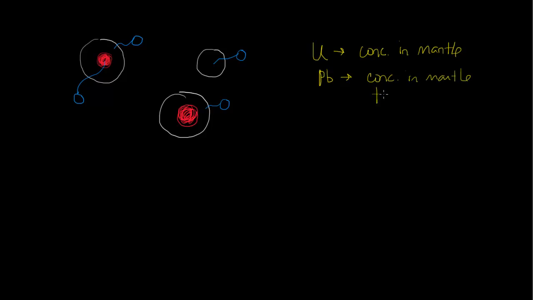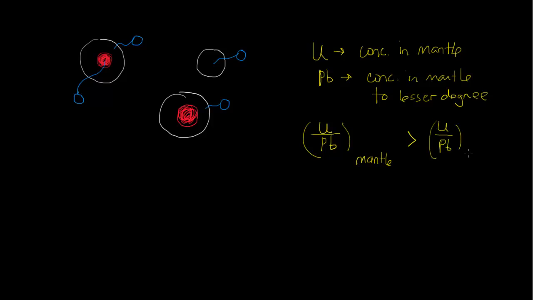And what I mean by that is the ratio of uranium to lead in the mantle of these little planetesimal bodies was greater than the ratio of uranium to lead in the core. So these meteorites that were derived from either the core or the mantle have different ratios of uranium to lead. That's going to be important in a little bit.